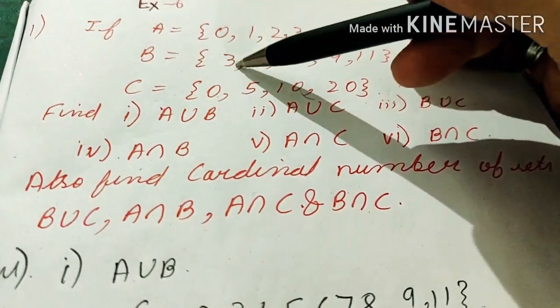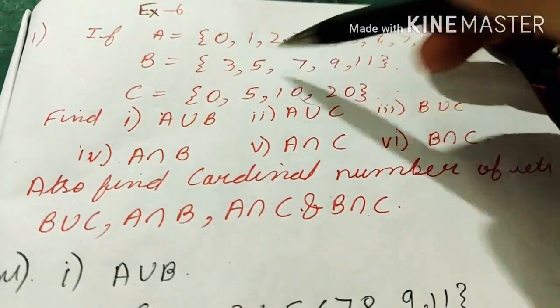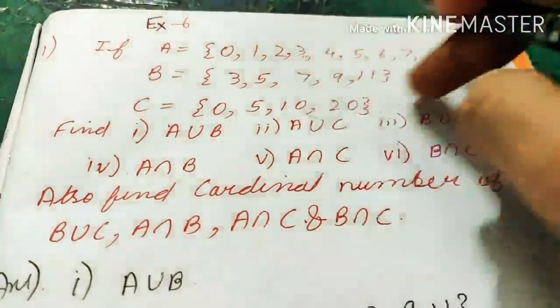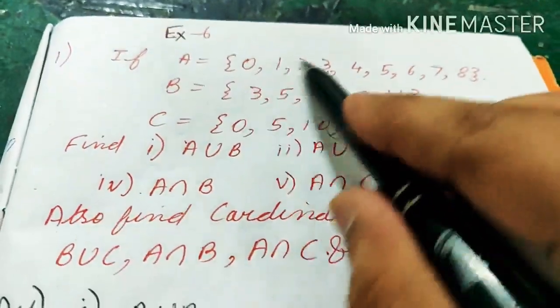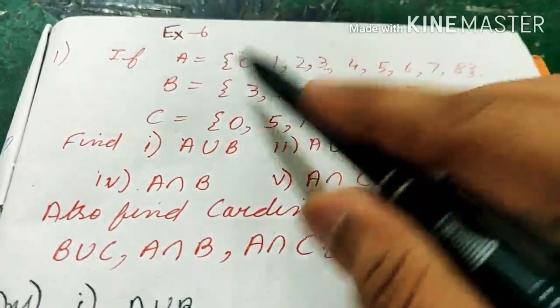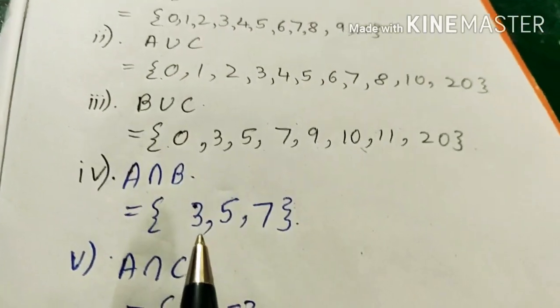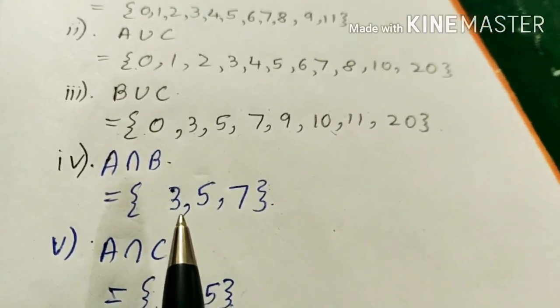Look, 3 is present in B also. Then 5 is in B, 7 is in B as well, but 8, 9, 11 are not present in B. So what were the common values? 3, 5 and 7. So 3, 5, 7 was the intersection of A and B.